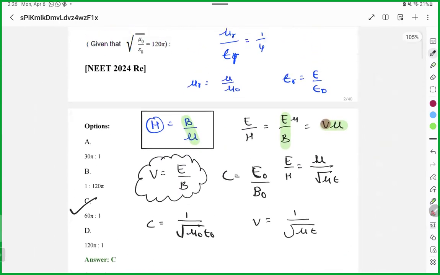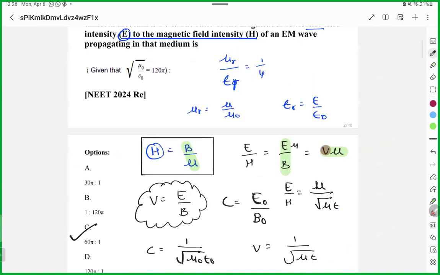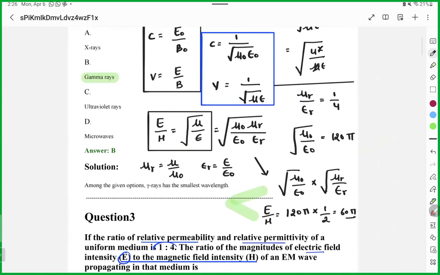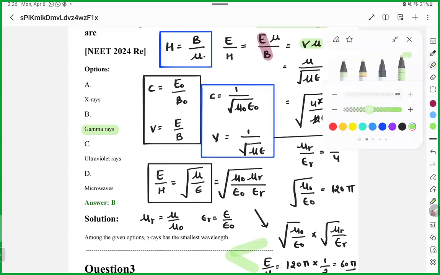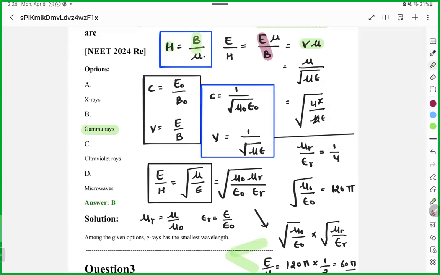You will think, sir, who will do such a long one? But correlate that you are getting to know so many formulas together. So many formulas are getting remembered at once. Like H is equal to B by nu: magnetic field intensity is magnetic field by nu. Correct? Second formula, C is equal to E naught by B naught, or speed is equal to E by B. Same way, C is equal to 1 by root nu naught epsilon naught.